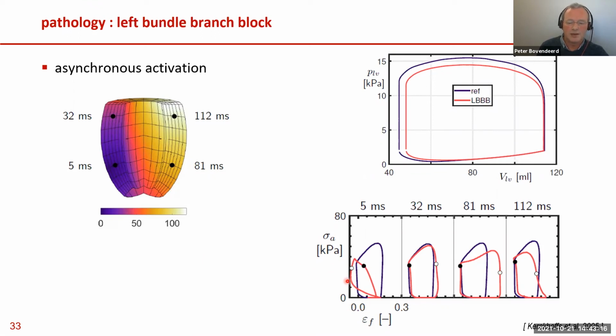And what is to be noted is that in this early activated region, the stress strain loop actually is traversed counterclockwise. Normally we go, as you can see over here, we have the filling, isovolume contraction, ejection, relaxation, but here we have early shortening of these early activated fibers, and in fact, the loop is traversed in the opposite way, opposite to what we see normally.